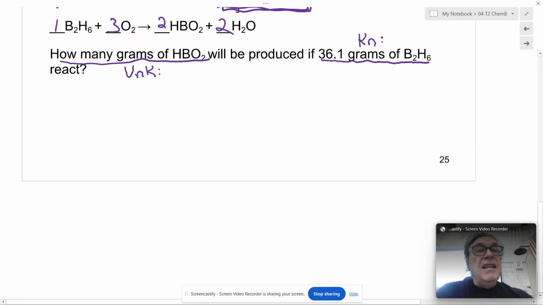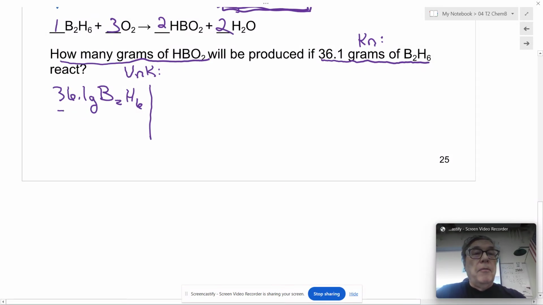I'm going to write down what we're starting with, 36.1 grams of B2H6. And we're going to make a conversion from grams to moles of that chemical, which means we want this unit to cancel out.